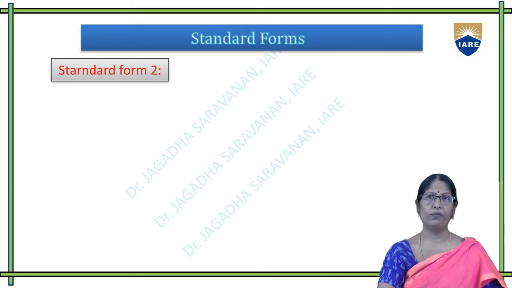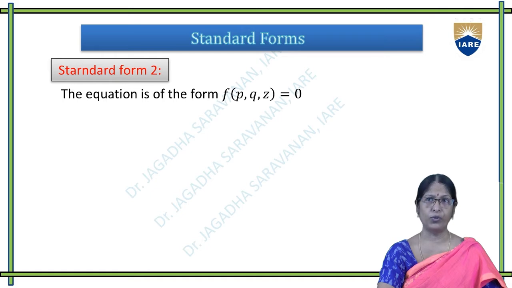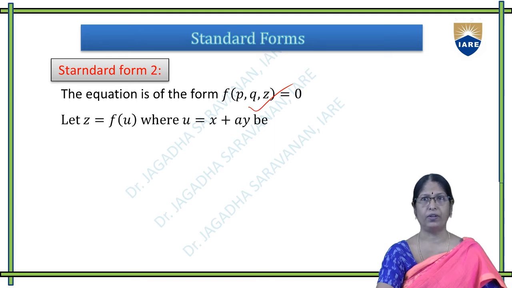Next, we move to standard form 2, which has the variables p, q and z.